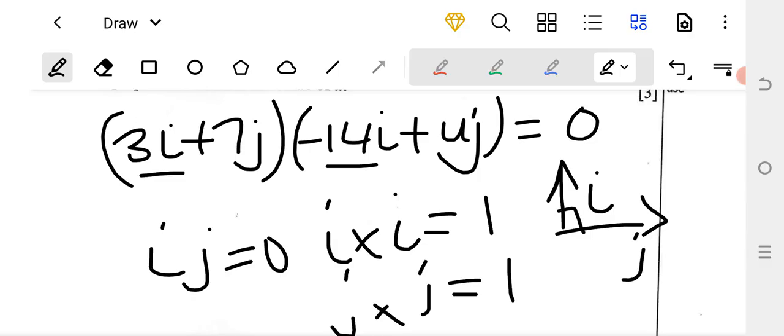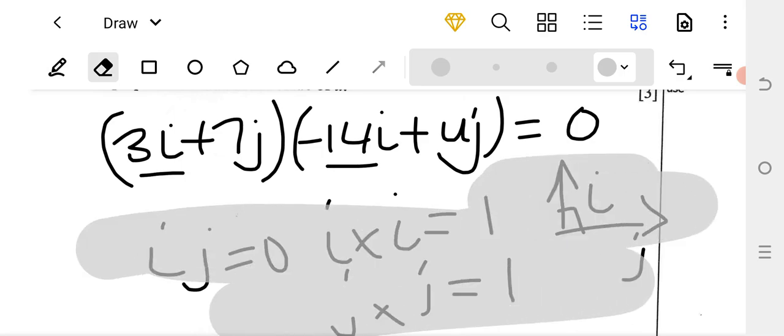So if you multiply them, it's like you're trying to say i times j using the angle, I mean, using the angle 90 degrees here, and cos 90 degrees is 0. Okay, take note of that.